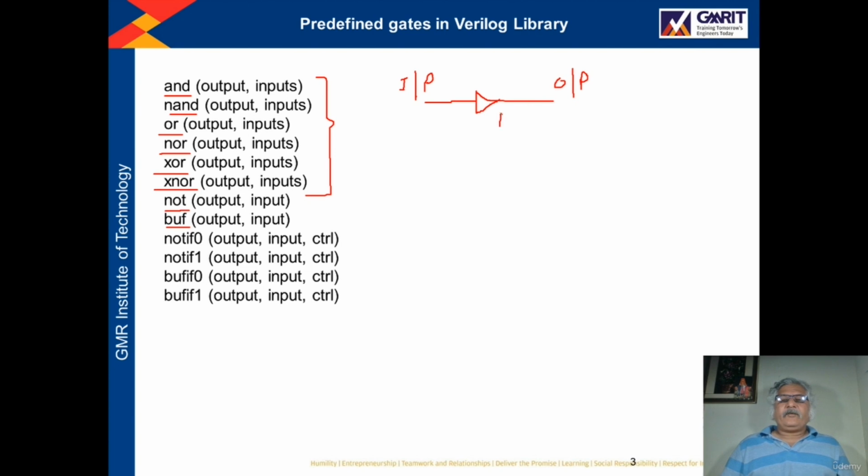So this is BUF. So whatever is the input logic, the same logic you will get at the output. Then the remaining 4 are tri-state, right?